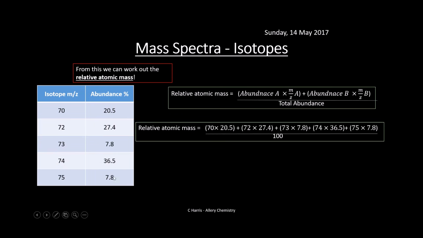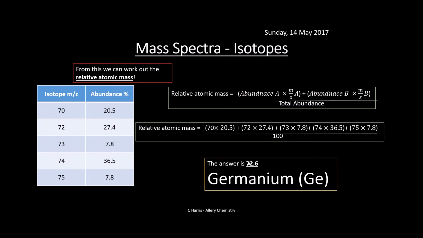We keep multiplying them and add them up individually, as you can see here. Then we divide by 100 because the abundance is a percentage, so it's always out of 100. We should get the answer 72.6, and if you look in the periodic table, this should point to germanium. So it's really good for identifying these elements. Make sure you have your periodic table handy for this type of thing.